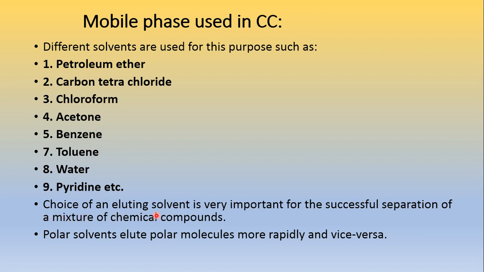The choice of an eluting solvent is very important for the successful separation of a mixture of chemical compounds because the chemical compounds present in our sample also show interaction with mobile phase molecules. Polar solvents elute polar molecules more rapidly and vice versa, meaning polar solvents elute polar molecules and non-polar solvents elute non-polar molecules more rapidly.